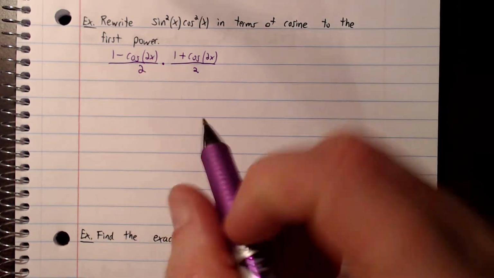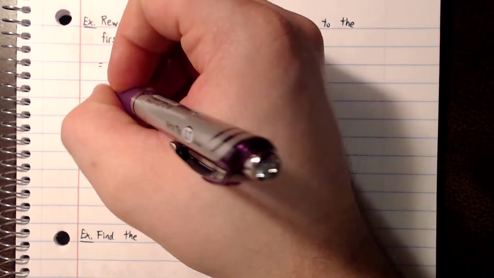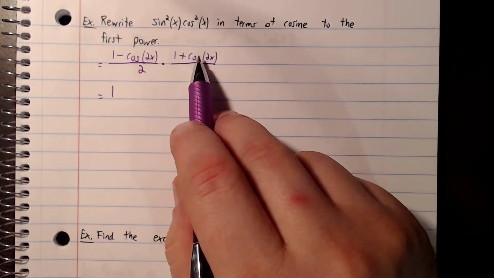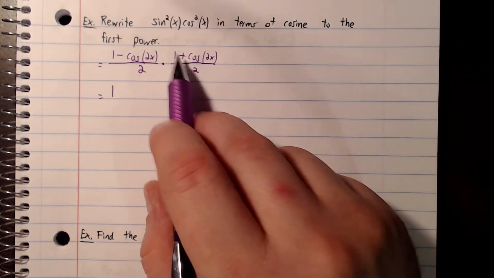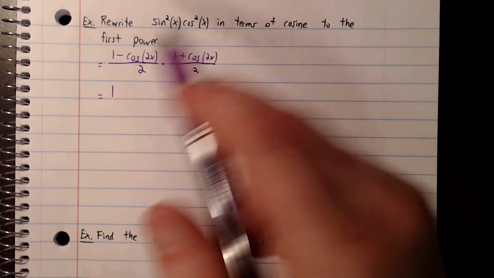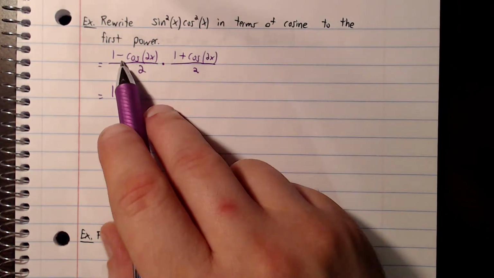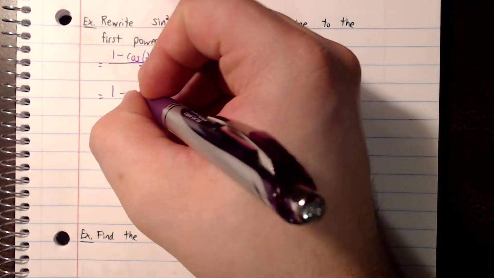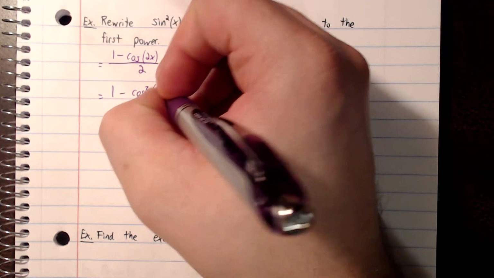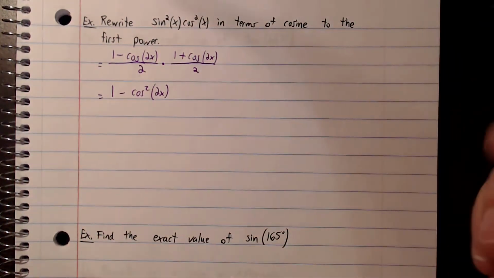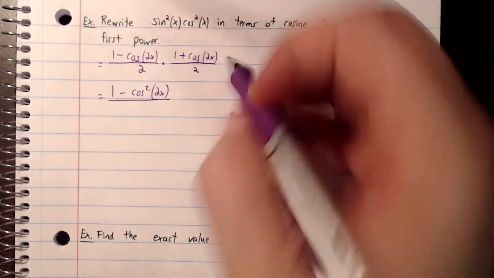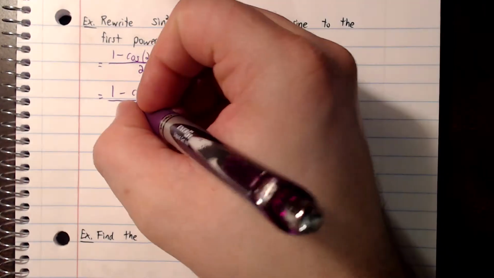Let's see, 1 times 1 on top. That's 1. 1 times cosine is positive cosine. Negative cosine times 1 is minus cosine. So those are going to cancel. And then we've got minus cosine squared of 2x because we have 2 of those things multiplying each other. And then on bottom we have 2 times 2, which is 4.